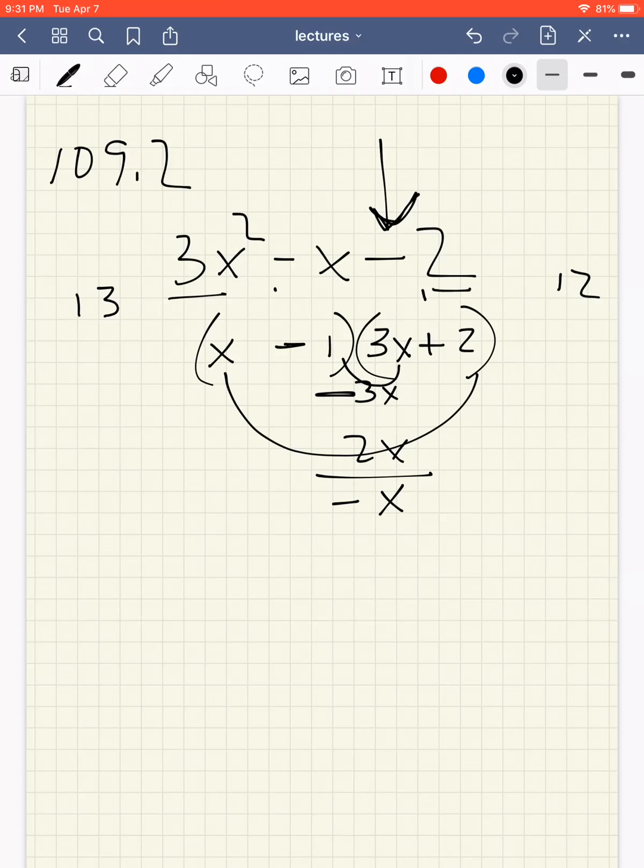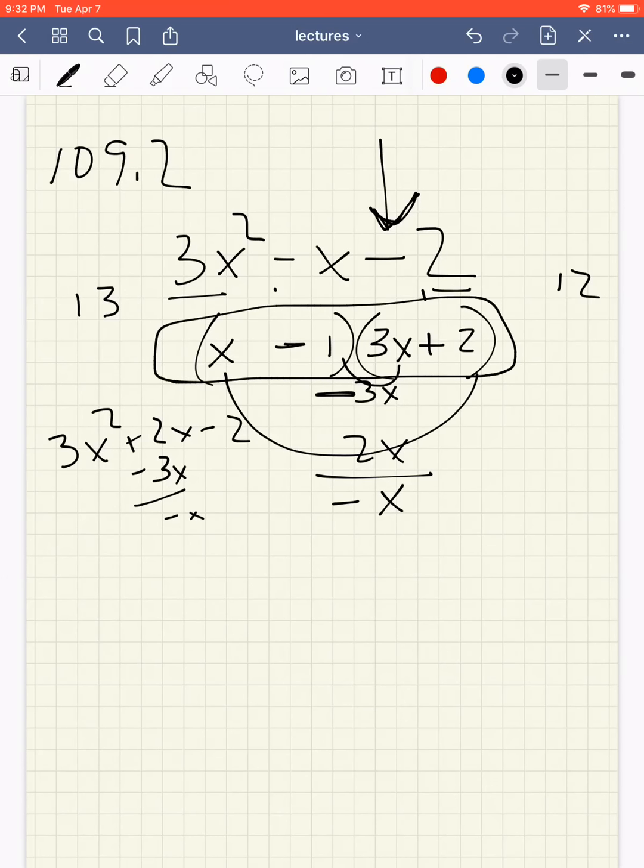Check it. x times 3x is 3x squared. Outer is plus 2x. Inner is minus 3x. And -1 times 2 is -2. So yes, it checks. And here's our answer right here.